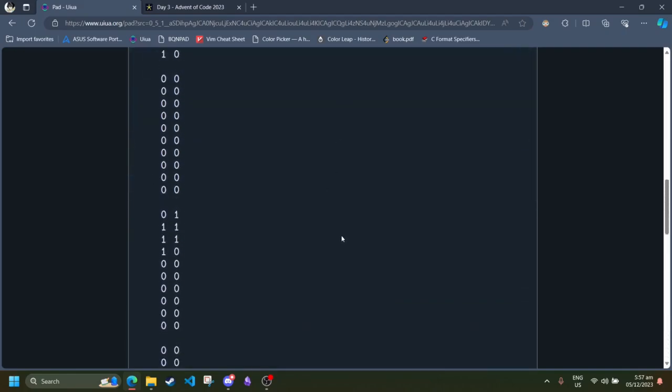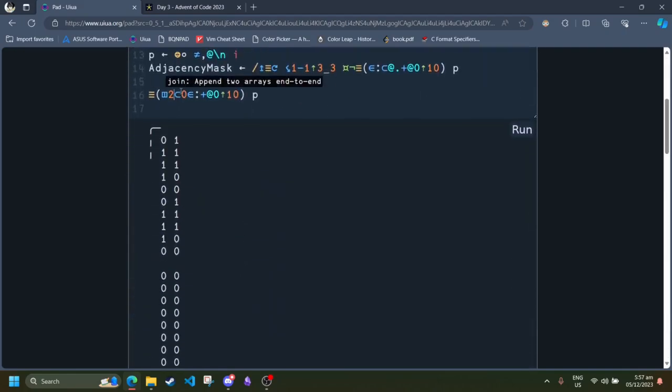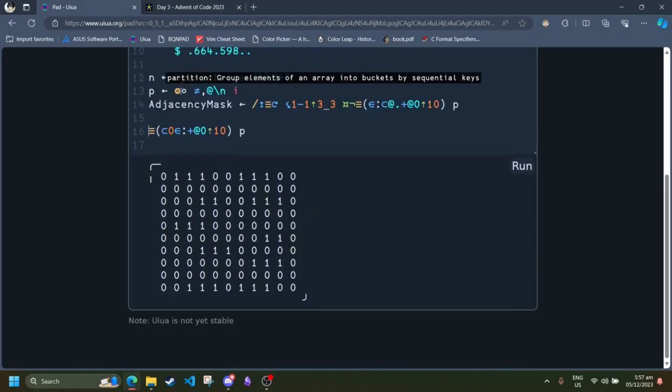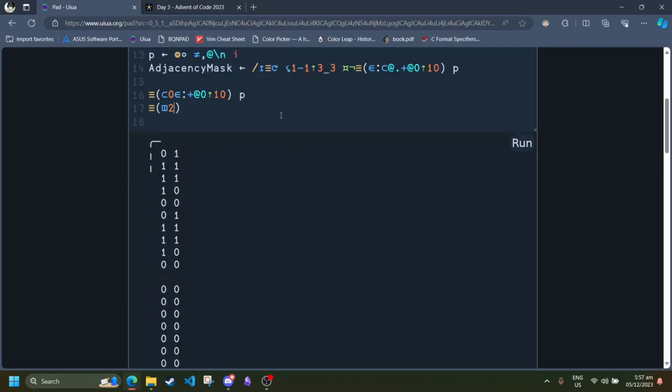Actually, let's do it outside so it's much easier to tell what's happening. So row window 2, and then we only get the 0, 1s, which would be row match.